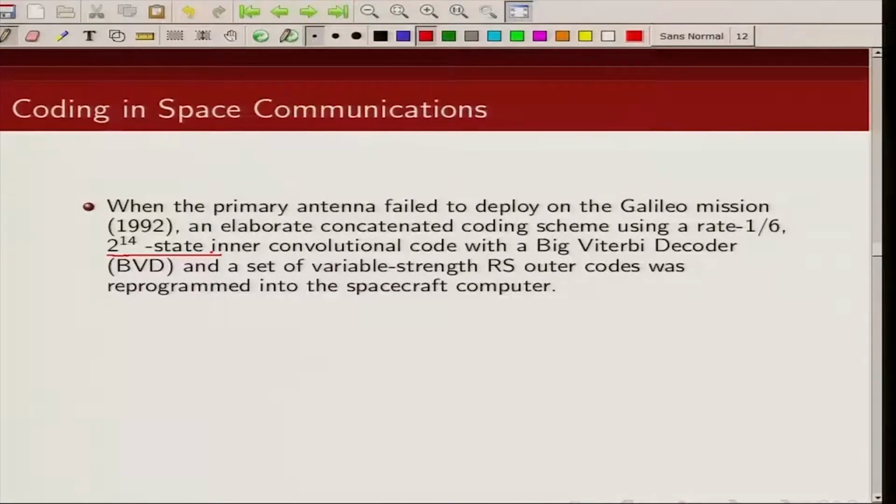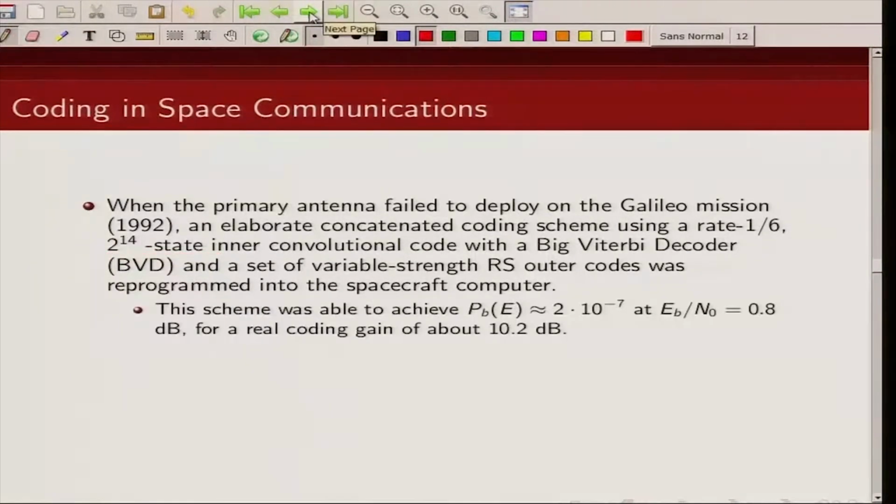That was also a very impressive step forward as far as coding applications are concerned, because it was able to salvage this mission because of this very nice concatenated code, and it was successfully deployed. It provided a coding gain of around 10.2 dB, and it was able to achieve a bit error rate close to 10 to the minus 7.